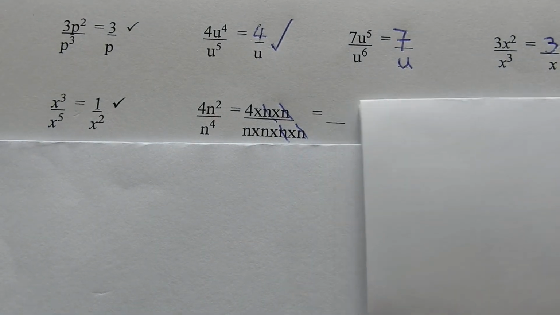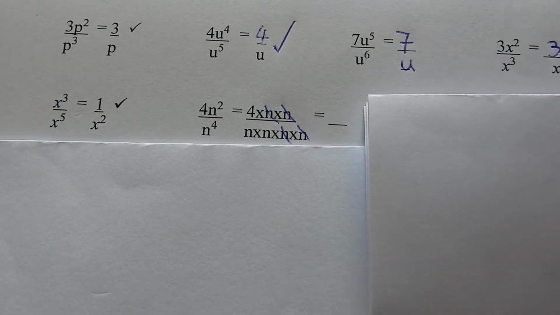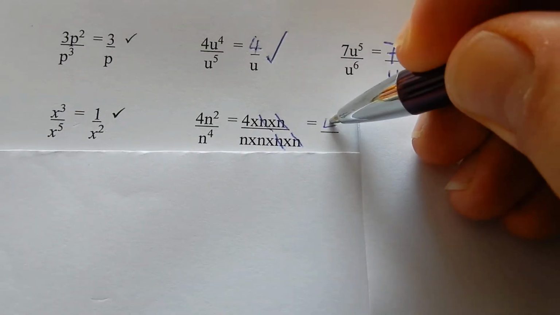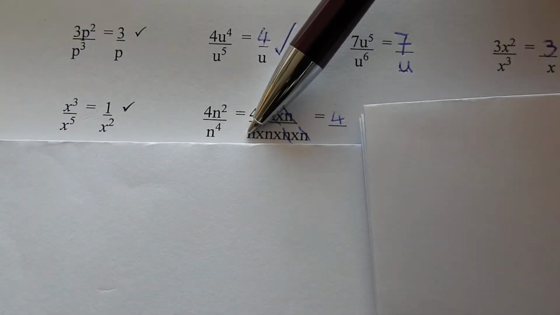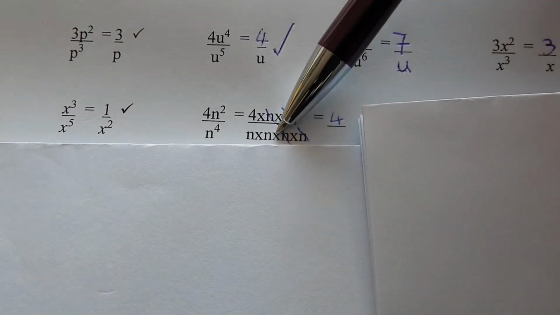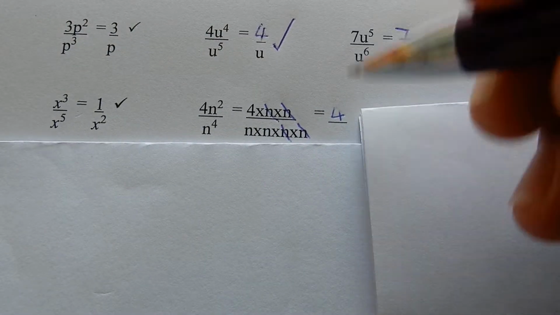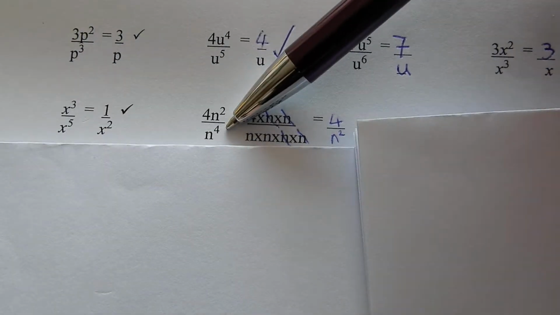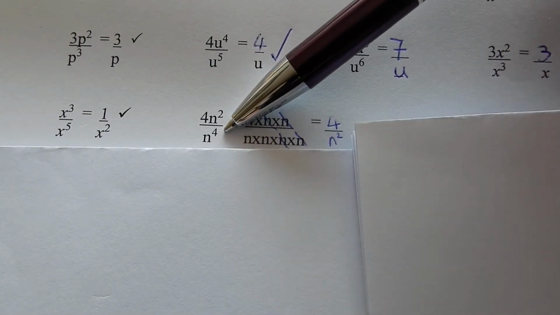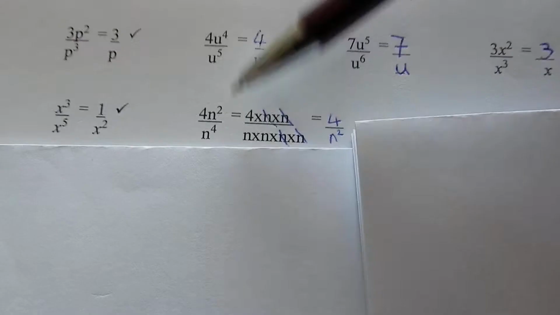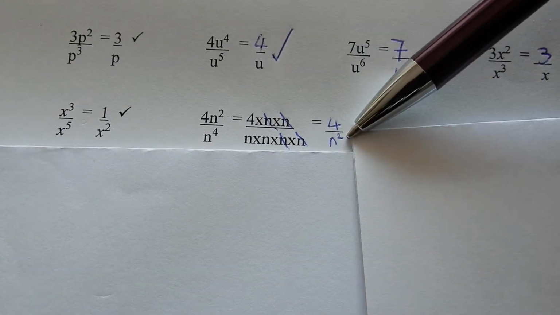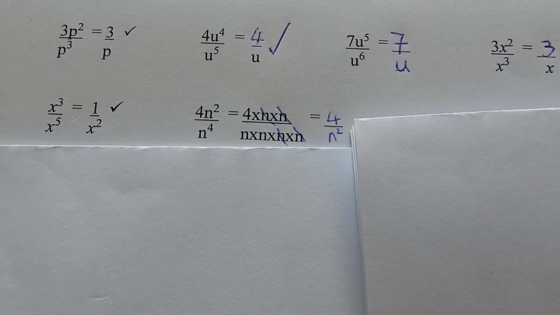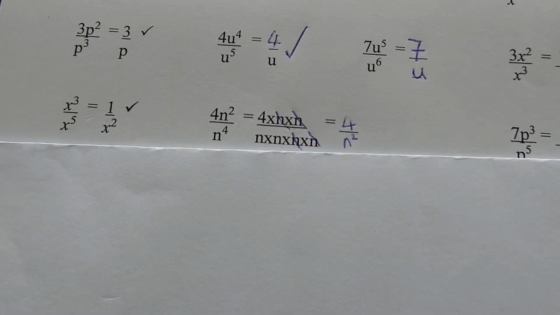Okay, so now we've got 4 times 1 times 1 on the top, leaving 4. And mystery number n times 1 times 1, n squared. We started off with 2 more n's timesing together on the bottom than there were on the top, and when we've simplified, there's 2 more n's timesing together on the bottom than there are on the top. Just the 4 left on the top when you fully simplified it.